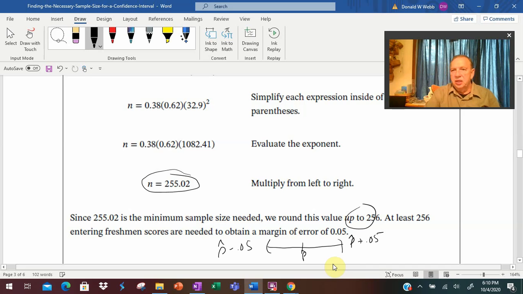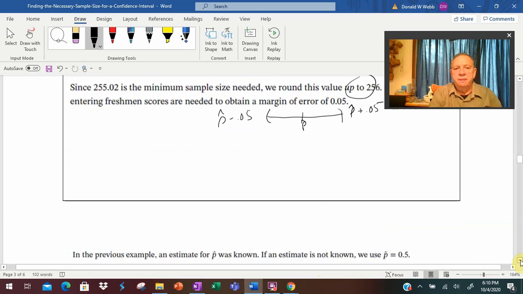So it shifts depending on the p hat, and naturally from sampling theory, this is going to move around a little bit, but this should capture at least 95% or whatever the confidence level would be.